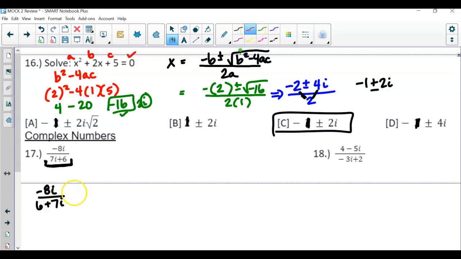So now I'm going to multiply by the conjugate of the denominator, which is 6 minus 7i. Focus on changing the sign of the imaginary. 6 minus 7i. Now we can solve. We are distributing negative 8i to both terms here. So negative 8i times 6, negative 48i.